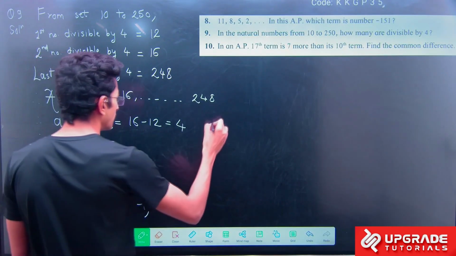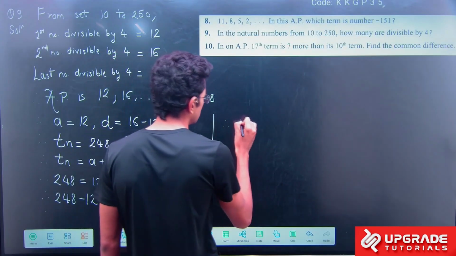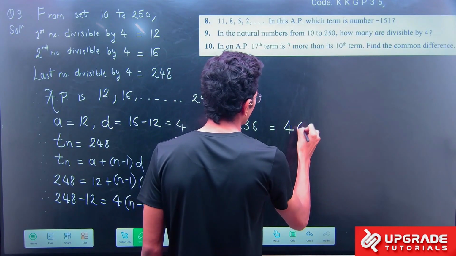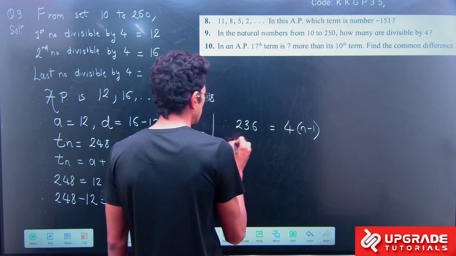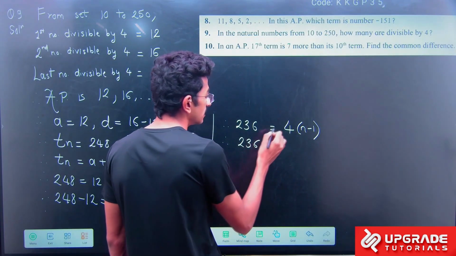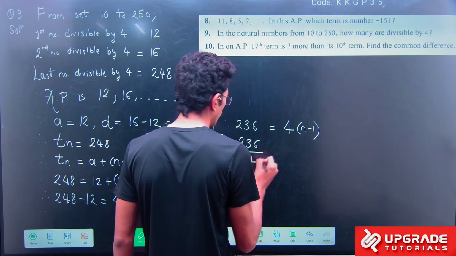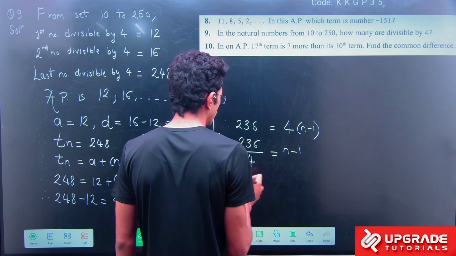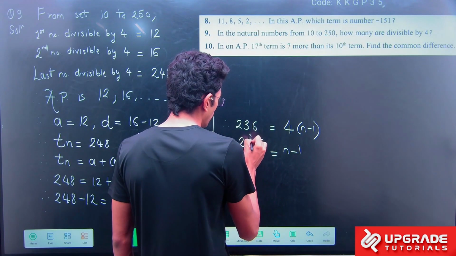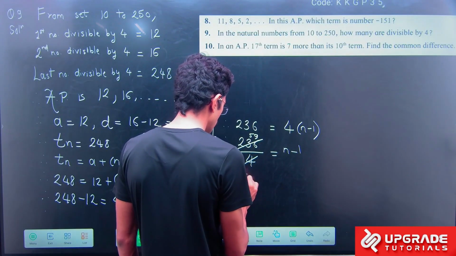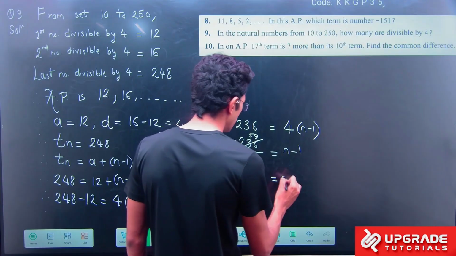248 minus 12. Yes, 236 equal to 4 times of n minus 1. Therefore 236, the 4 here is multiplied, it will come this side and become divided by 4, equal to n minus 1. 4 5s are 20, 4 9s are 36. 59 is equal to n minus 1.